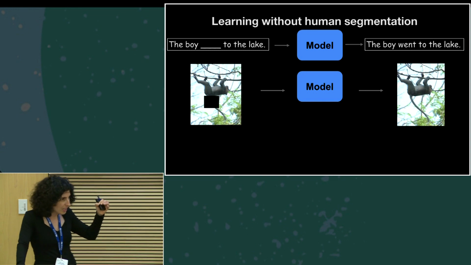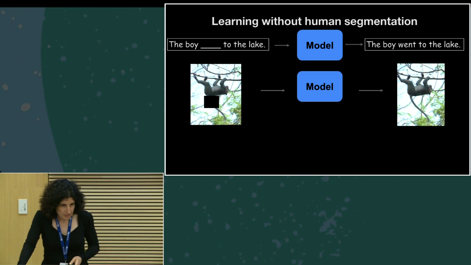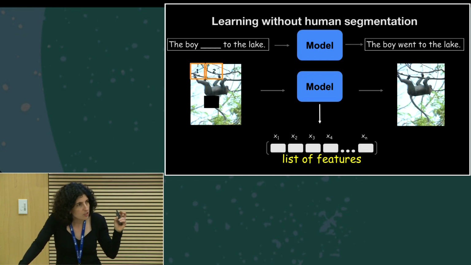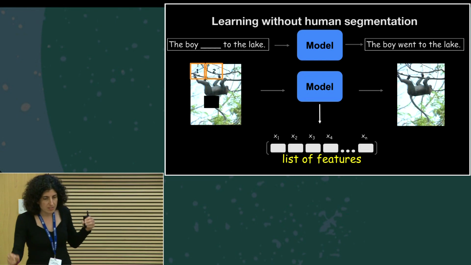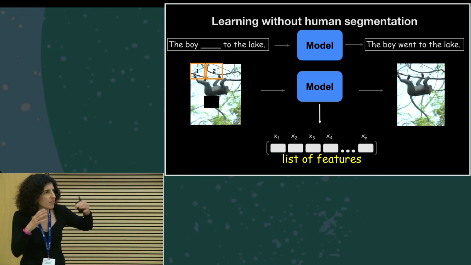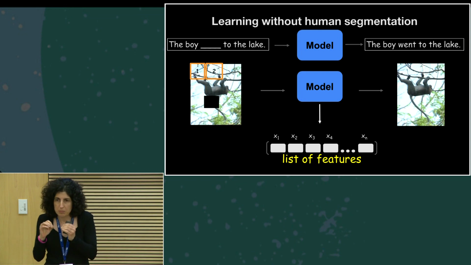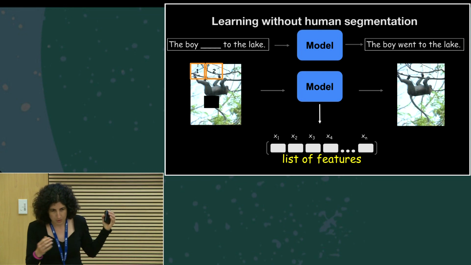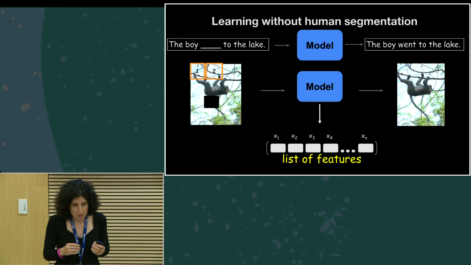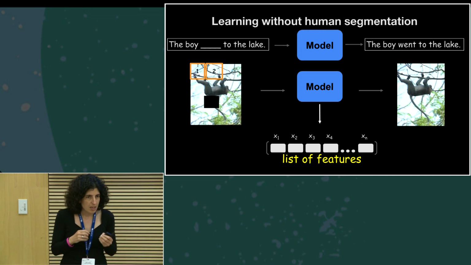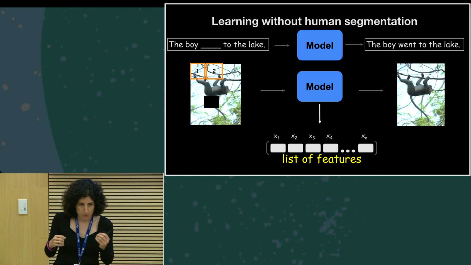Now I will get a bit into the model. It divides the image into squares, and for each square, it creates a list of features. It describes, let's say, the first square in our model as the leg of the monkey, because it knows that the monkey is the important thing here.